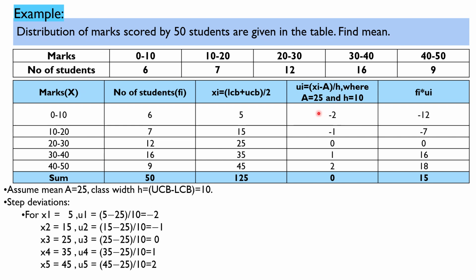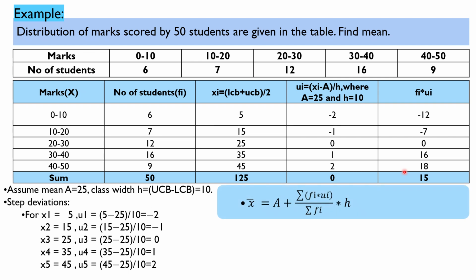Now if you observe carefully, we can find that fi into xi values are big as compared to fi into ui, which we can even calculate without making use of a calculator. So with the help of the columns fi and ui, we have obtained the column of fi into ui whose sum is coming 15.